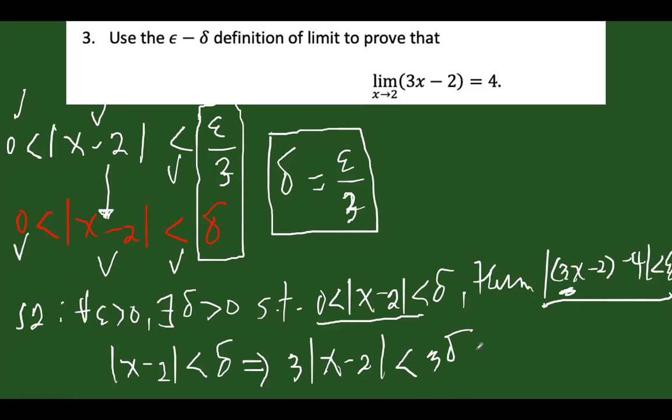And I could simplify this by putting 3 inside the absolute value. So I could have the absolute value of 3 times x minus 2 less than 3 delta, using the property of absolute value. And let's move on to the next slide. So take note of this.